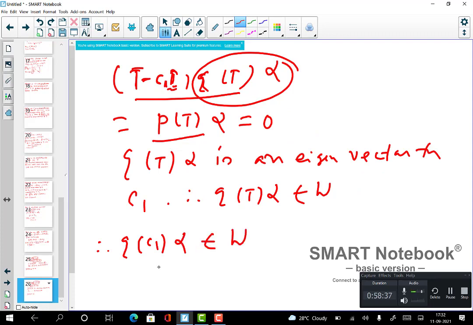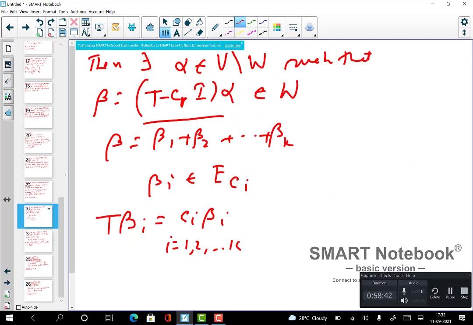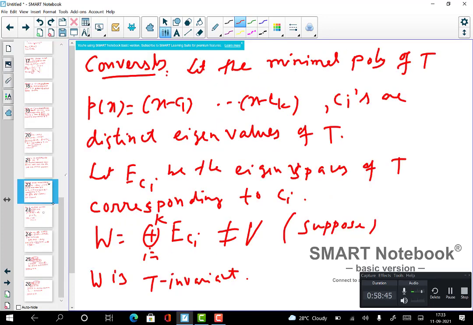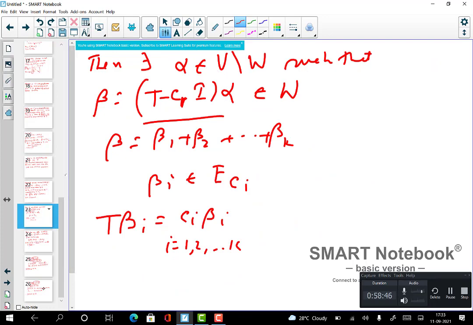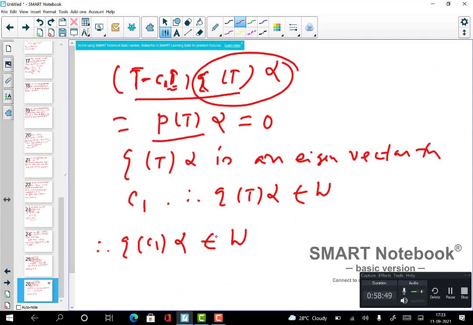But note that the way I chose alpha, it is outside W. Alpha is outside W, but q(c1) alpha is inside W. What does that mean? There is only one option. This must be 0, because the zero vector is an element of W. There is no other multiple of a vector inside W other than the zero multiple. So this implies q(c1) has to be 0.